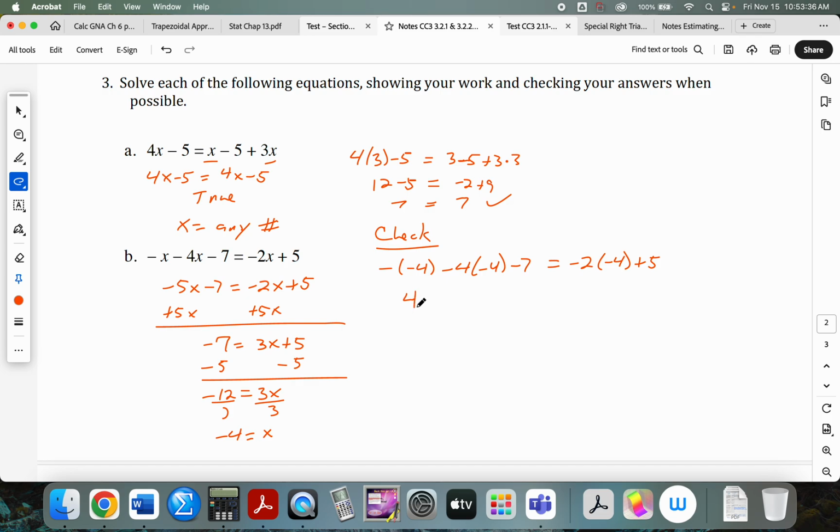So that's going to be positive 4 minus 4 times negative 4 is negative 16 minus 7 equals negative 2 times negative 4 is positive 8 plus 5. Let's see, this is going to be 4 plus 16 minus 7. Let's see if it really works. 4 plus 16 is 20. Both sides end up being 13.